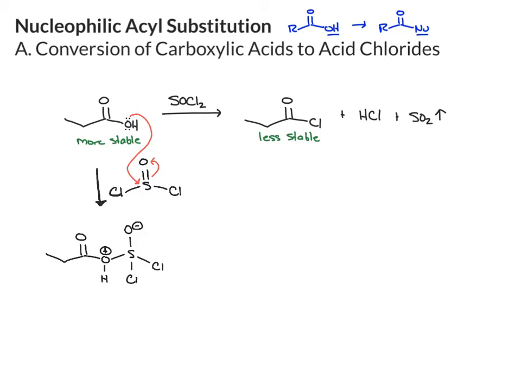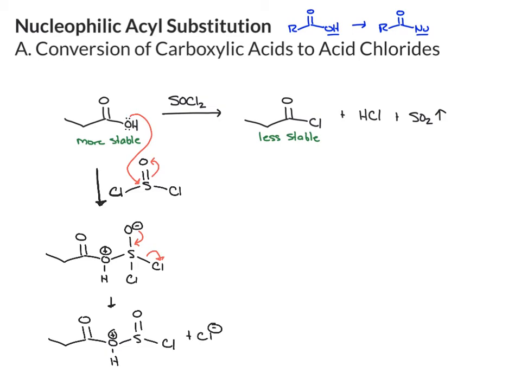From here, now the negative charge comes back down, and believe it or not, the Cl is a better leaving group than the positively charged oxygen. So what we end up with is this structure plus Cl minus that was lost in that step.